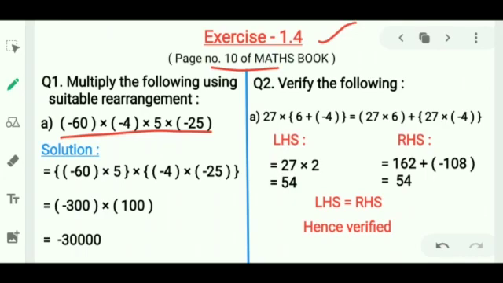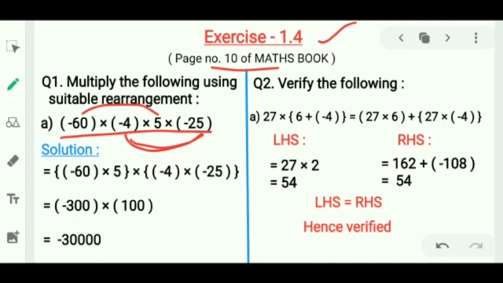Since 4 integers are there, we take groups of two integers. We know that 25 fours are 100, so we can multiply it orally. So we take the group of 25 and 4, and the group of minus 60 and 5, and the group of minus 4 and minus 25.